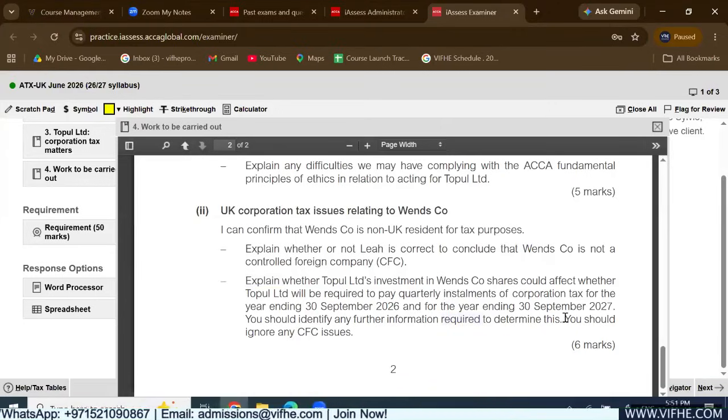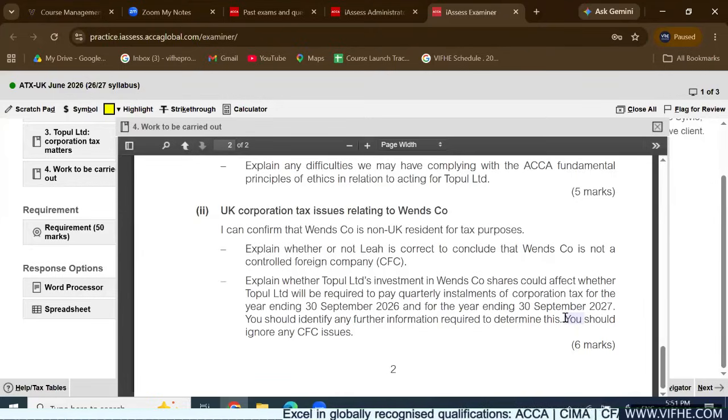Even if your examiner wouldn't have specifically mentioned this, you should know what he is exactly asking you to do. You need to identify whether the company is a CFC or not. You are not going to keep discussing the CFC charge and the exemptions in which the charge is not going to apply. No such thing has been asked.